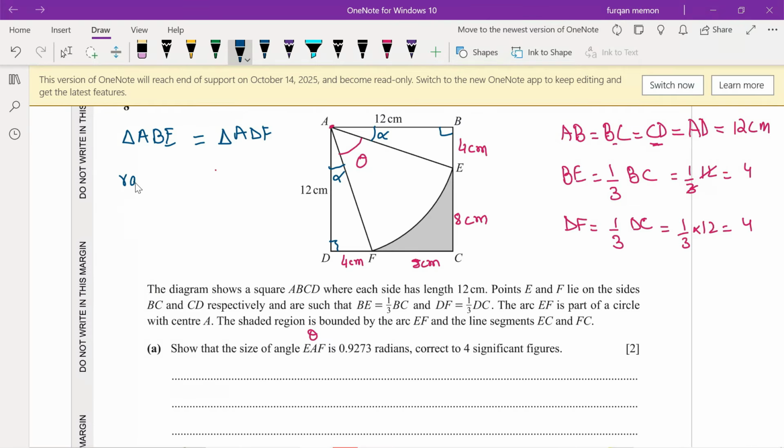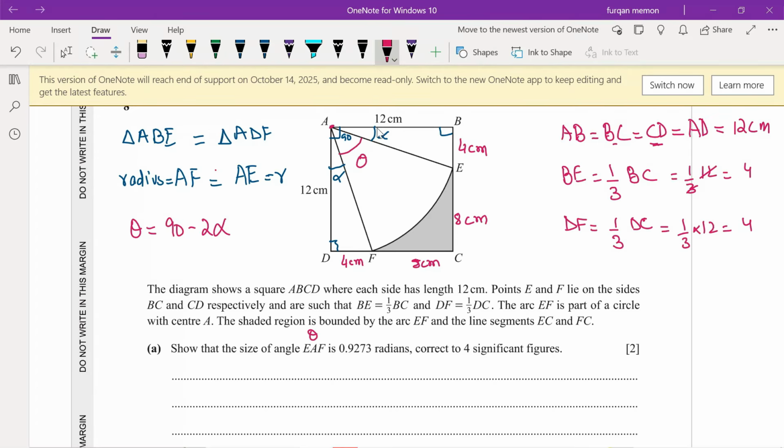So radius AF equals AE, which is R. We know that this angle is 90 degrees, so when we subtract 2 alpha from 90 degrees, we get this angle theta. So theta is equal to 90 minus 2 alpha. If we can find alpha, we can find theta.